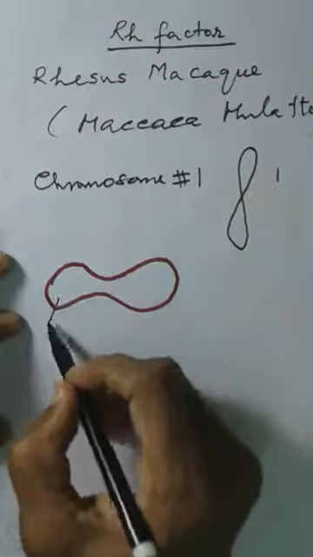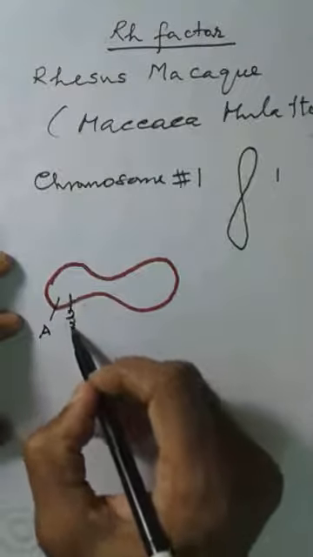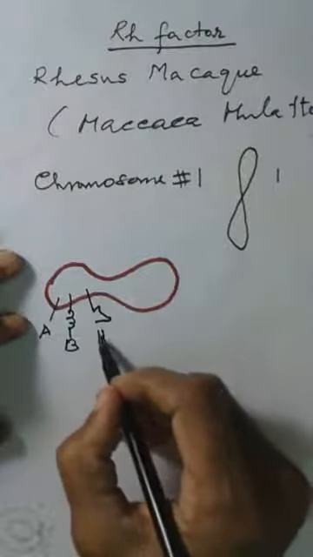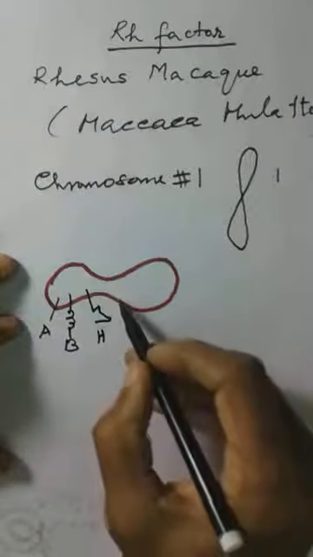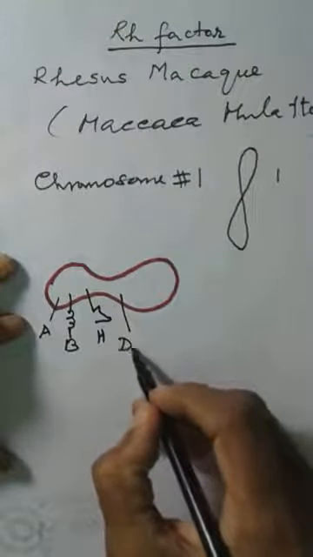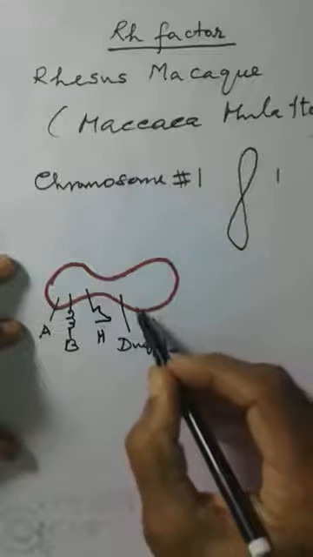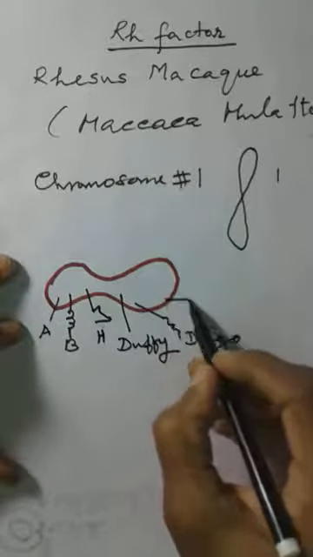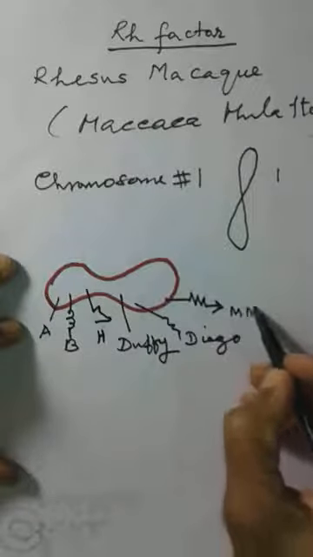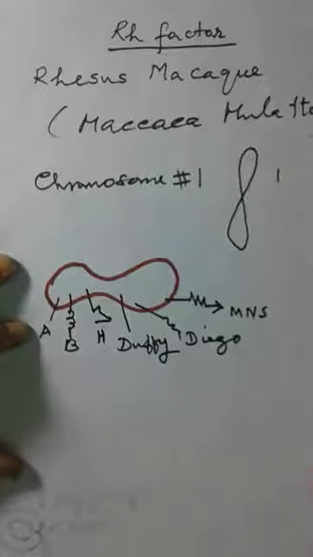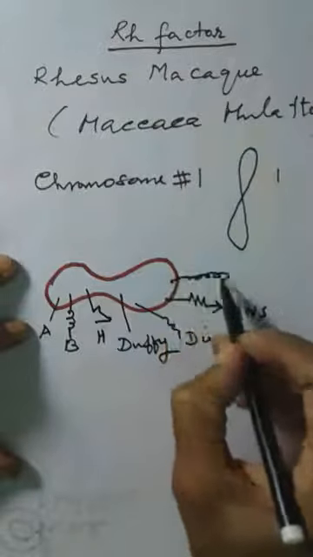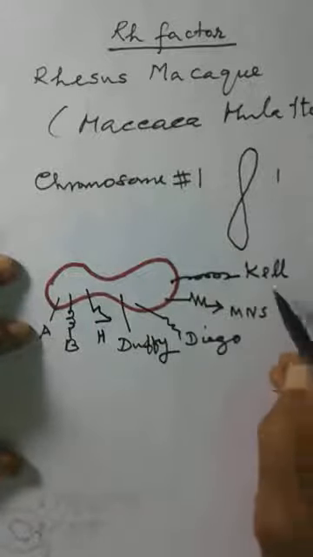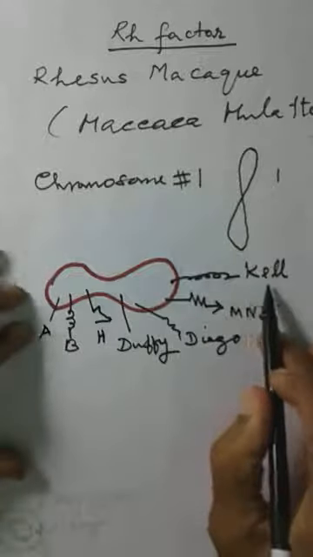There is A antigen, B antigen, H antigen, then comes Duffy, Diego, M, N, S, Kell. This Kell came from a pregnant woman by the name Kellacher.